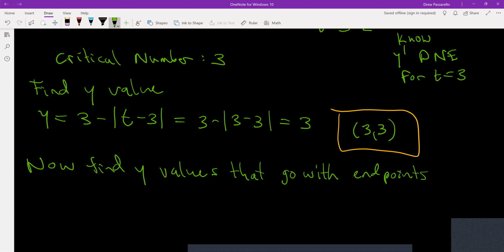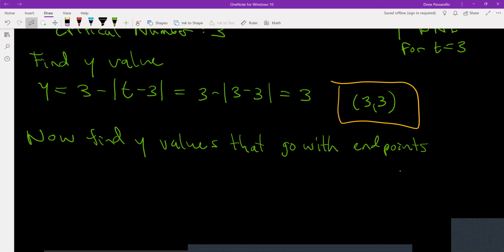And our interval was, let's see, -1 to 5. So if I plug in -1, that's going to be y equals 3 minus the absolute value of -1 minus 3.